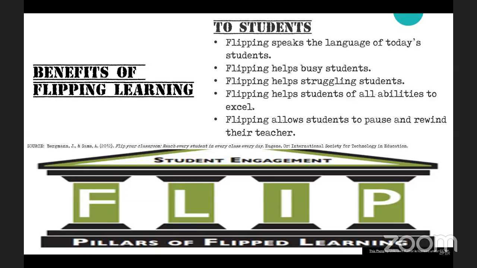Flipping also allows your students to be equal. There is equitable sharing of resources in flipping. Why? Because flipping is not just for the intelligent ones. It's not only for the slow learners.